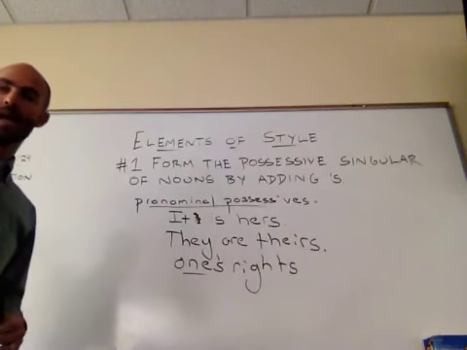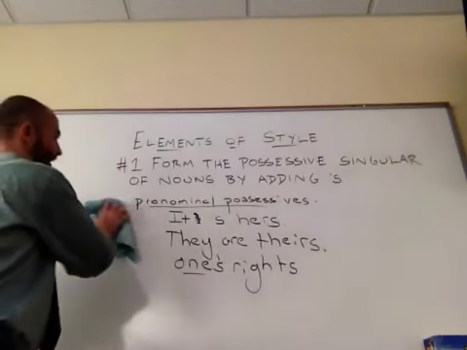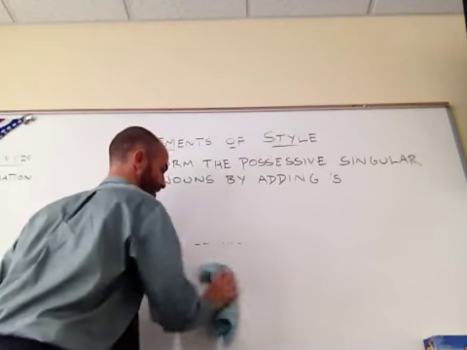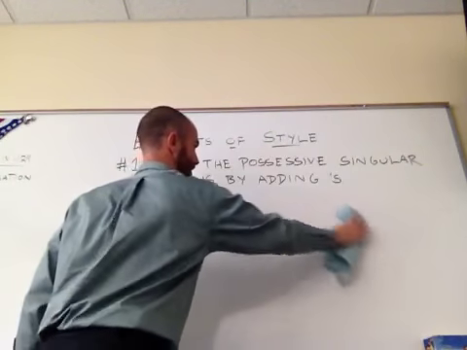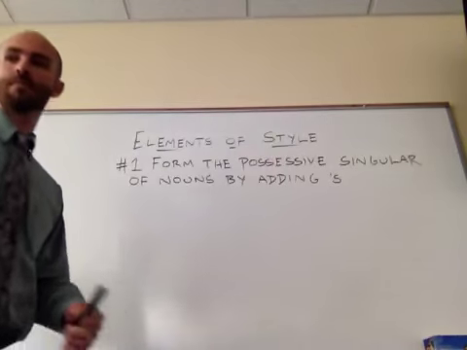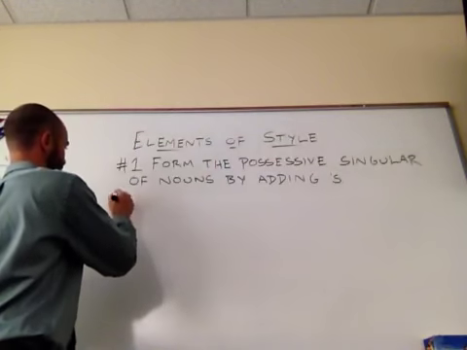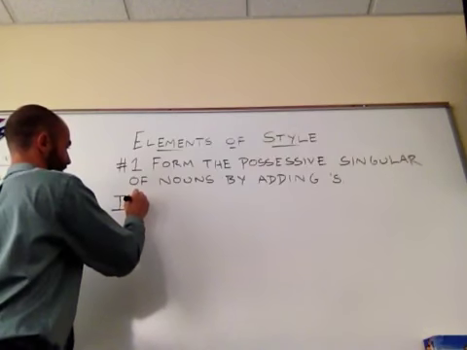Lastly, is the case of its, which is something that is often misunderstood or misused. Okay, and what we can do is take a classic sentence here, pulled right out of the book.